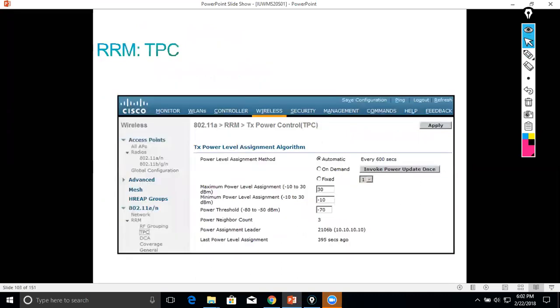Here is another option, TPC, that you can configure for your network. This is your RF group, then your TPC, your DCA, and these are the tabs: maximum power level assignment, minimum power level assignment, power neighbor count, automatic. Everything you can configure.